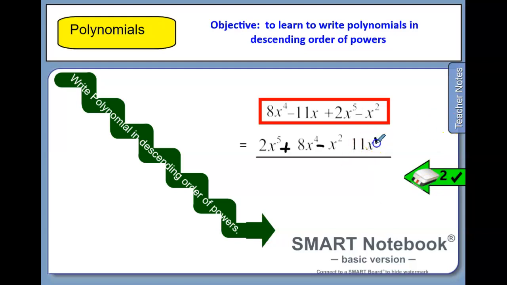It's to the first power. My sign was negative. So look, we went 5, 4, there was no x to the third, 2, 1, and there is no constant. So all we've done now is taken this polynomial, many-termed expression, and put it into order from highest to lowest.